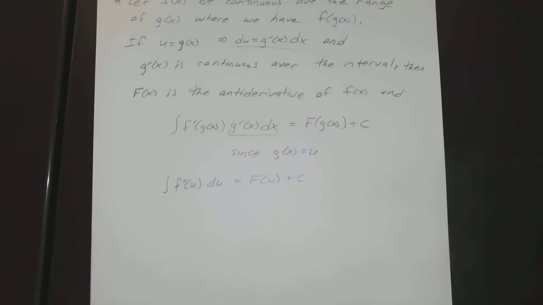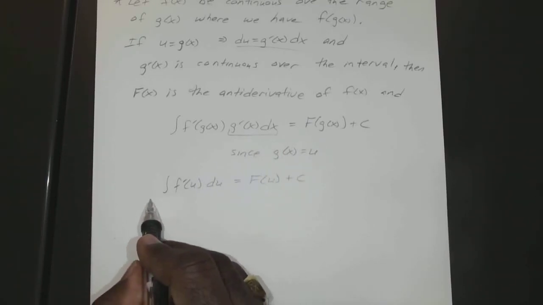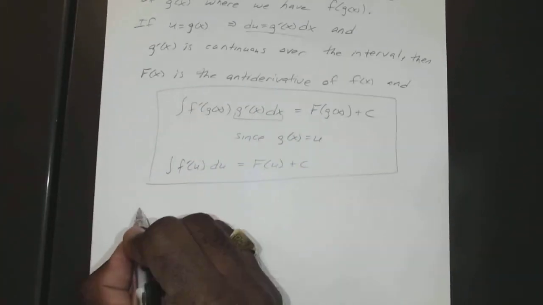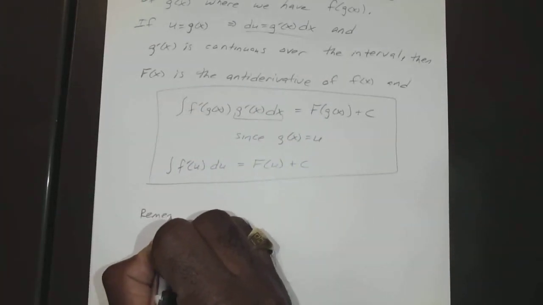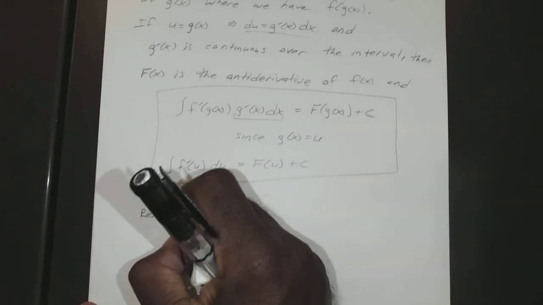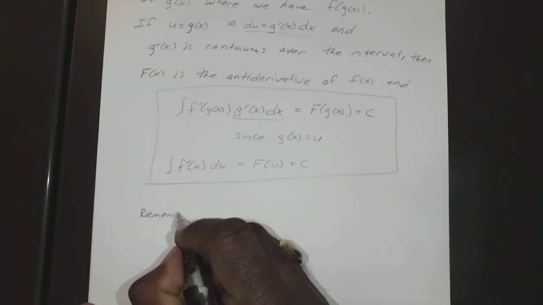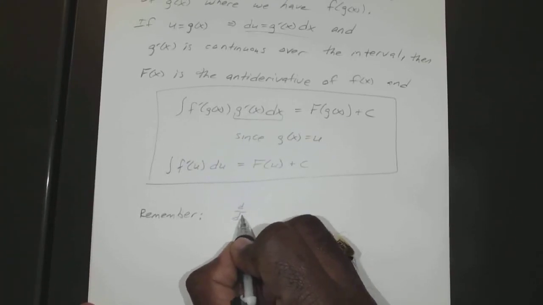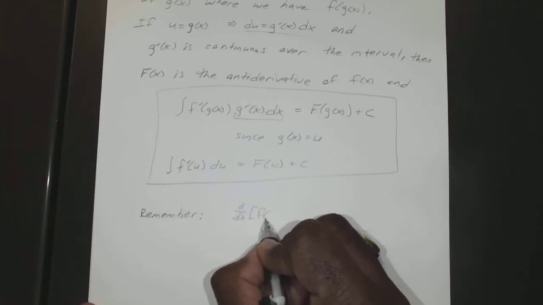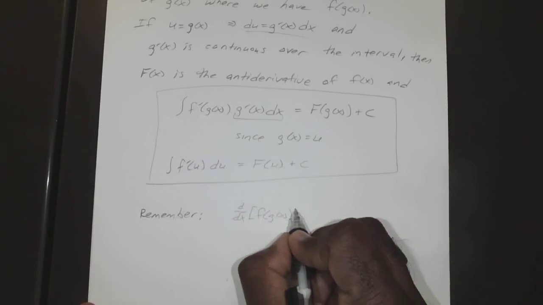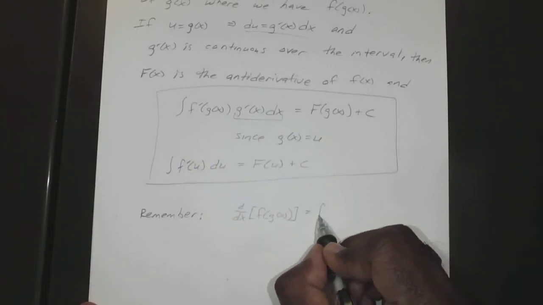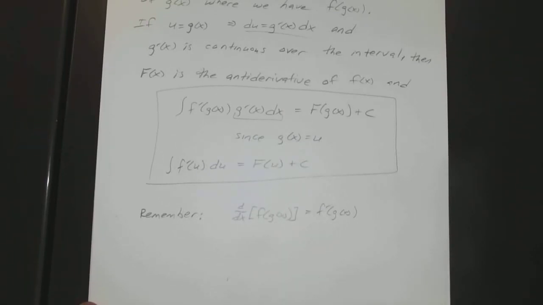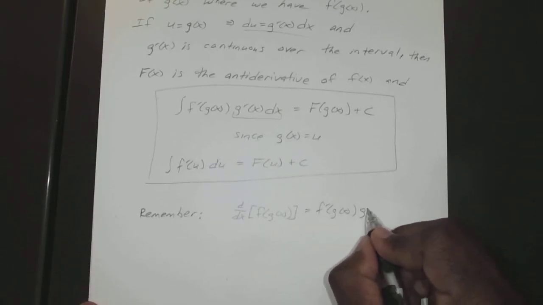Okay, and actually this just goes back to, we can kind of separate that. If you remember, the derivative of f of g of x is just f prime of g of x times the derivative of what's inside, which is g prime of x.